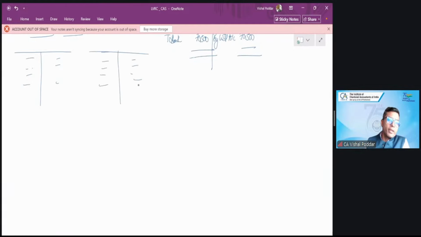Now, because two set of books are prepared, you may get two profit figures which would be different. Now, why these profit figures are different? Why the financial accounting and the cost accounting profit figures are different, though it pertains to the same business for the same year?